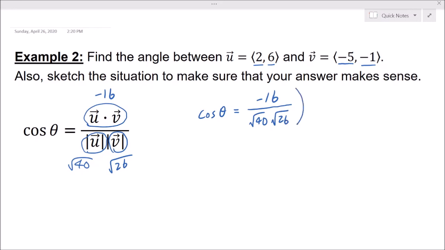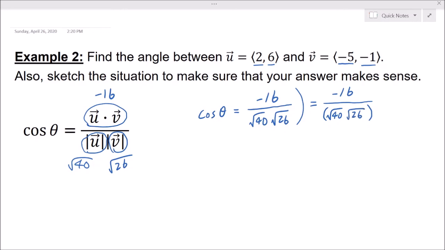And all this is something you can just stick into your calculator, right? It's just some number. Although be careful how you type it into your calculator. So you got -16 divided by, and then we have to multiply the bottom first. So in your calculator, you're going to want to put that in parentheses. So square root 40 times square root 26.